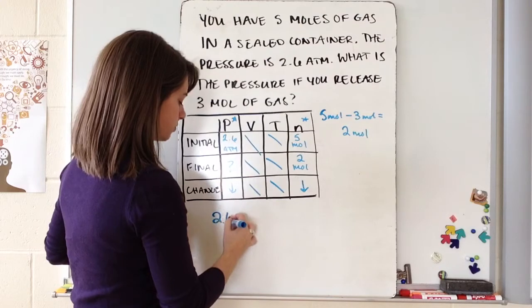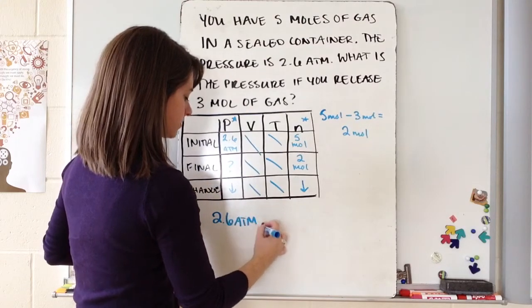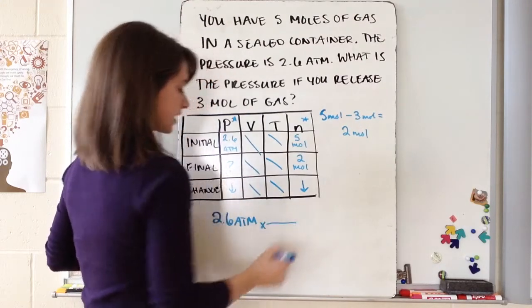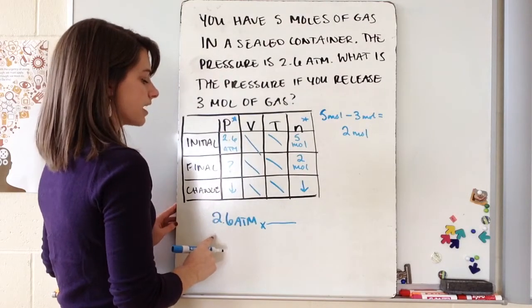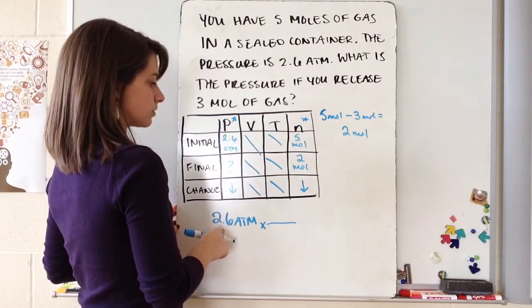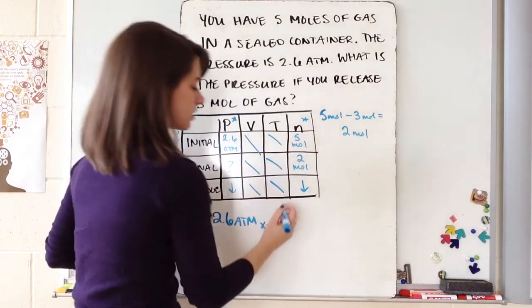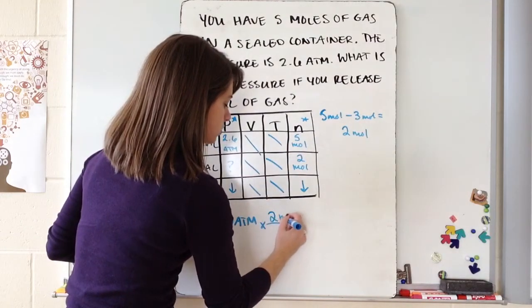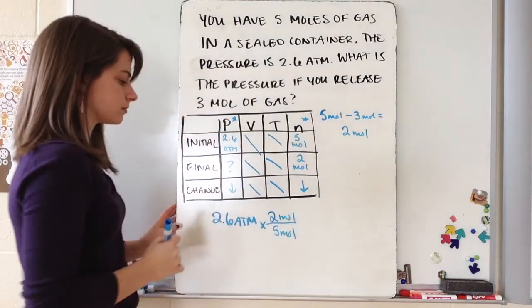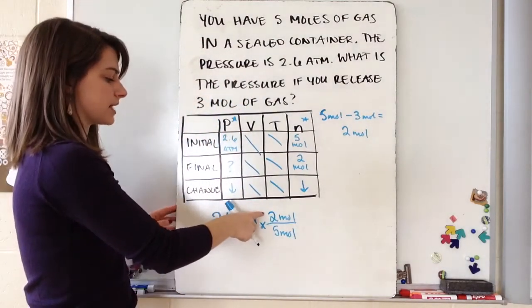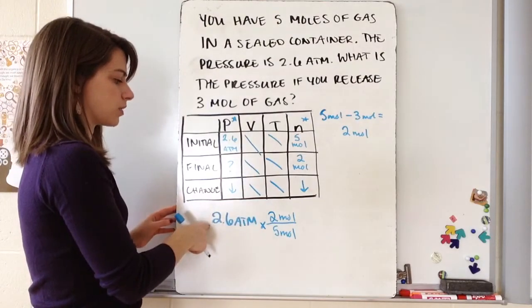So we're going to start with 2.6 atmospheres. And we're going to set up our change factor, the thing that's going to change our pressure. And since we want this number to get smaller, we want our smaller number on top. So we want 2 moles over 5 moles.